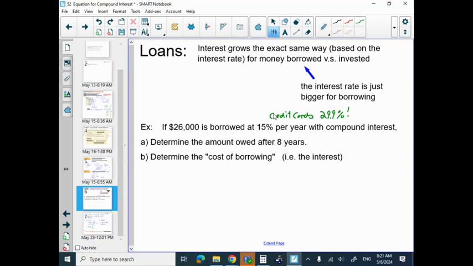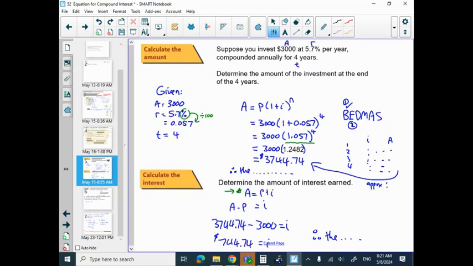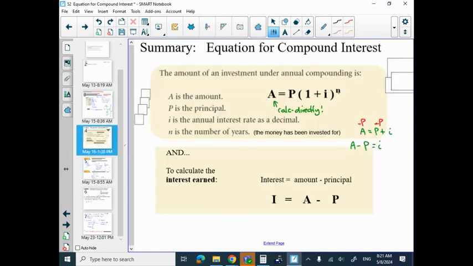And so we're just going to do our normal stuff here. We've got our principal that we've invested. We've got our rate, and we've got our time. So we have our A equals P times 1 plus i to the T. Is that what we did? I feel like I did an N by accident. The other one, we had said, yeah, but it is an N. So I was saying T before.